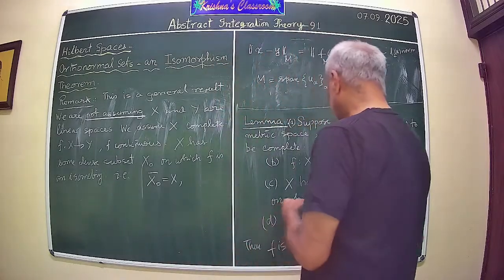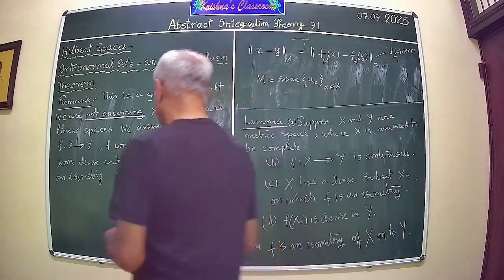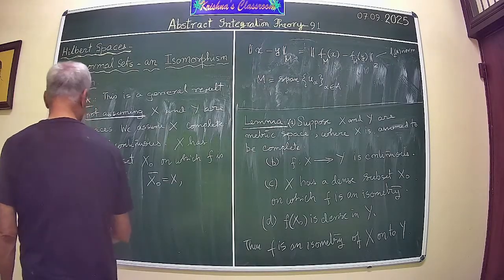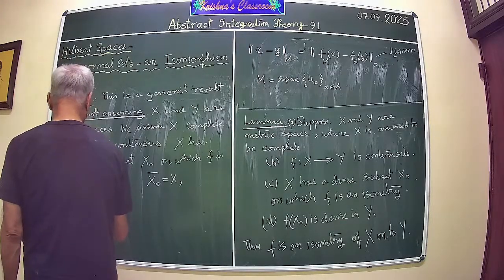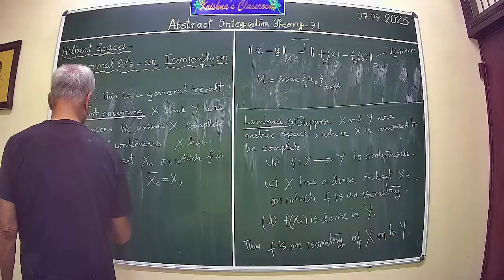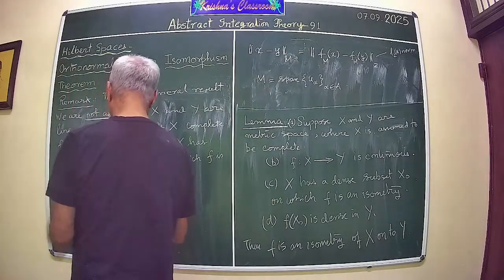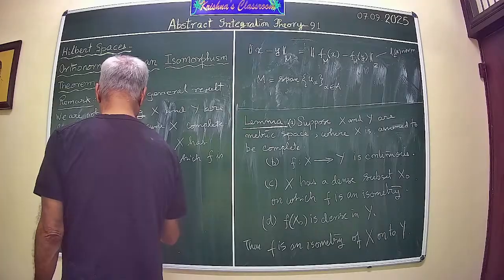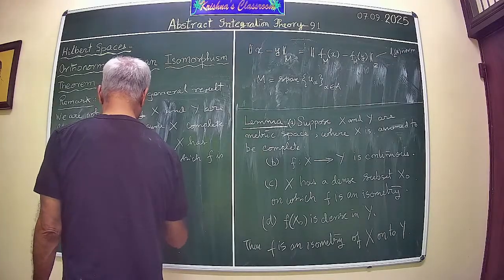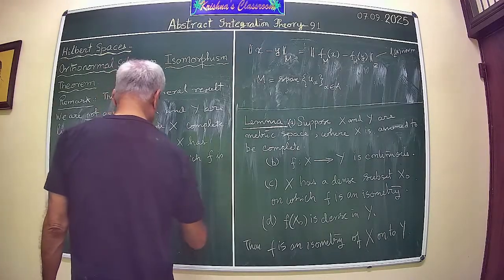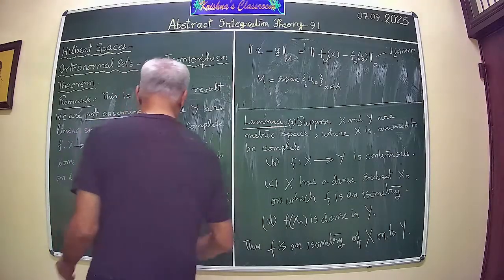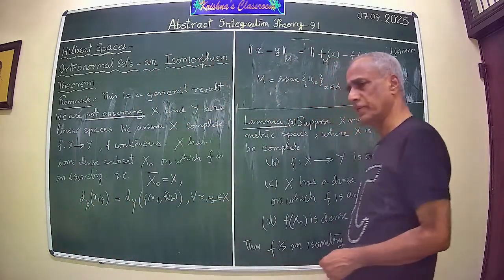The second thing is that d_Y of f(x), f(y) equals d_X of x, y. This is what you mean by isometry.